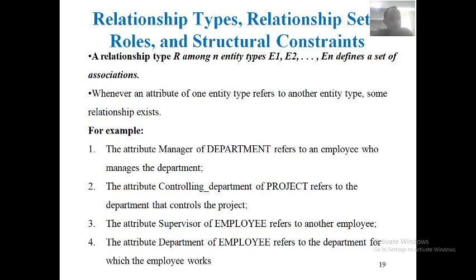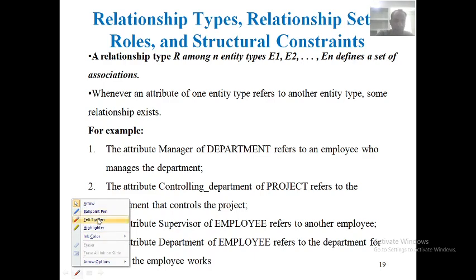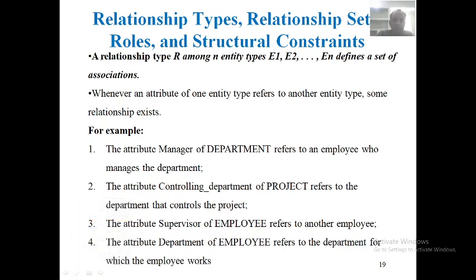Relationship types. It is defined like this: a relationship type R among n entities. Let me try to explain word by word. What is a relationship type?